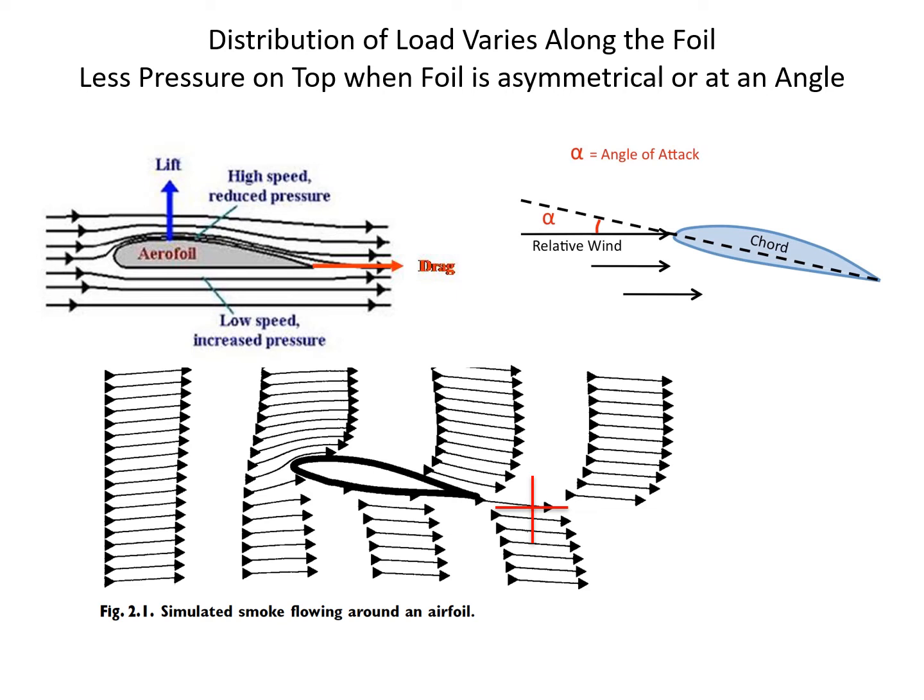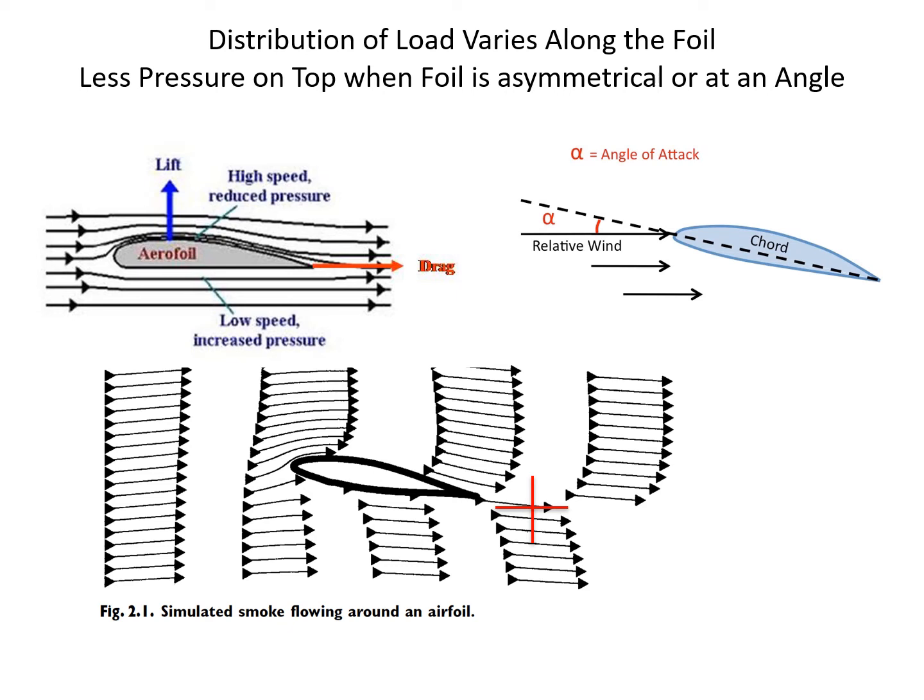And then this figure 2.1 shows a symmetrical foil at an angle of attack, and that's causing more rapid flow over the top, just that angle of attack, but it's also redirecting the flow. So some of it is pointing down.